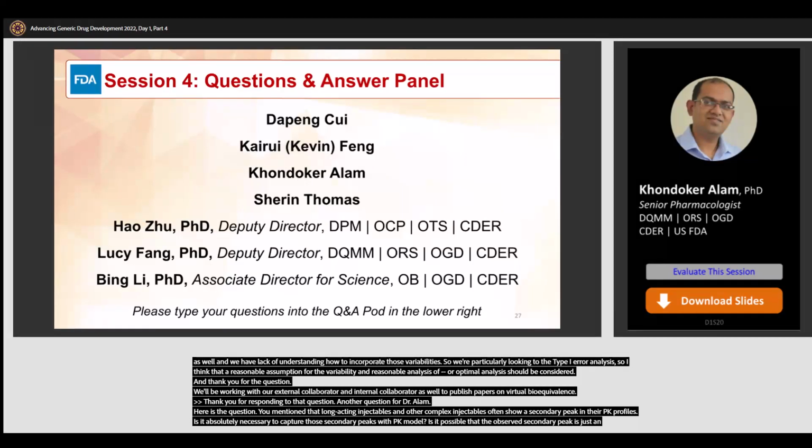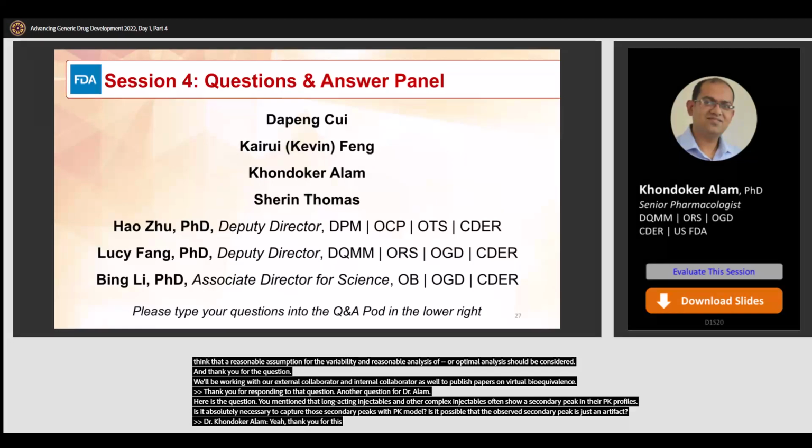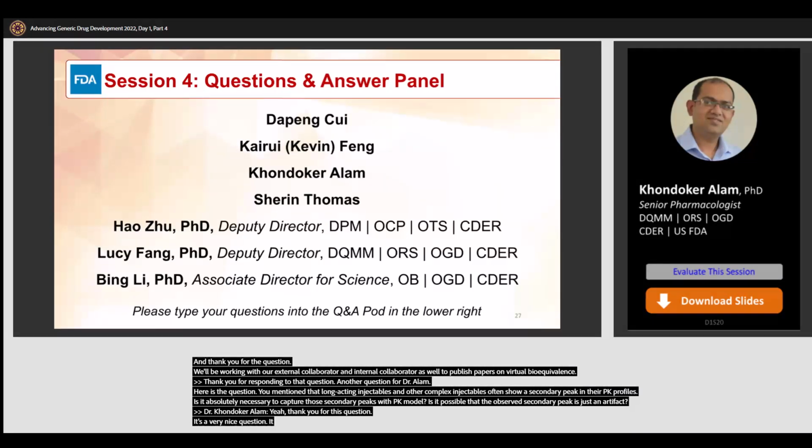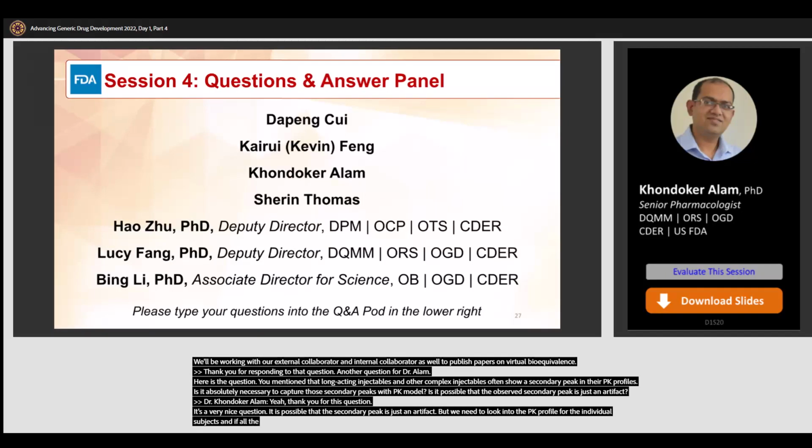Thank you for this question. This is a very nice question. It is possible that the secondary peak is just an artifact, but we need to look into the PK profile for the individual subjects, and if all the subjects are showing secondary peaks in their PK profiles, it might give us some insight that a secondary peak is likely a true phenomenon. Many long-acting injectable suspensions and complex injectables show secondary peaks.